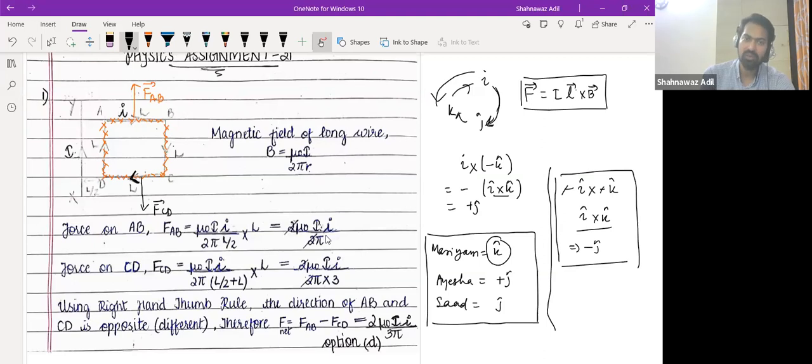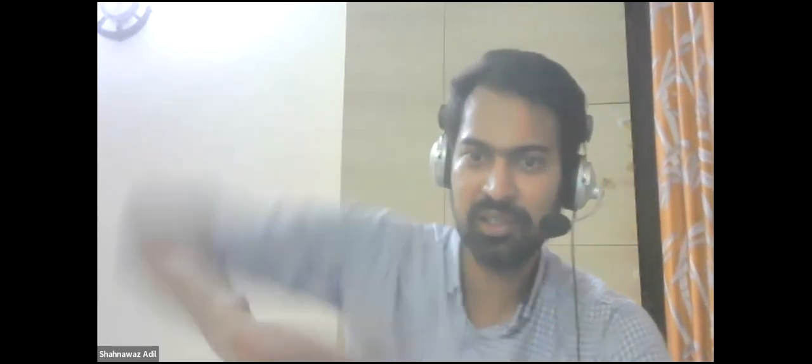Now we can also understand this by Maxwell's thumb rule. So this is left, this is upward, this is right, and this is down. Where is my palm pointing towards, inside or outside? Inside. So my fingertip is pointing towards the Y direction, and my palm is pointing inside.